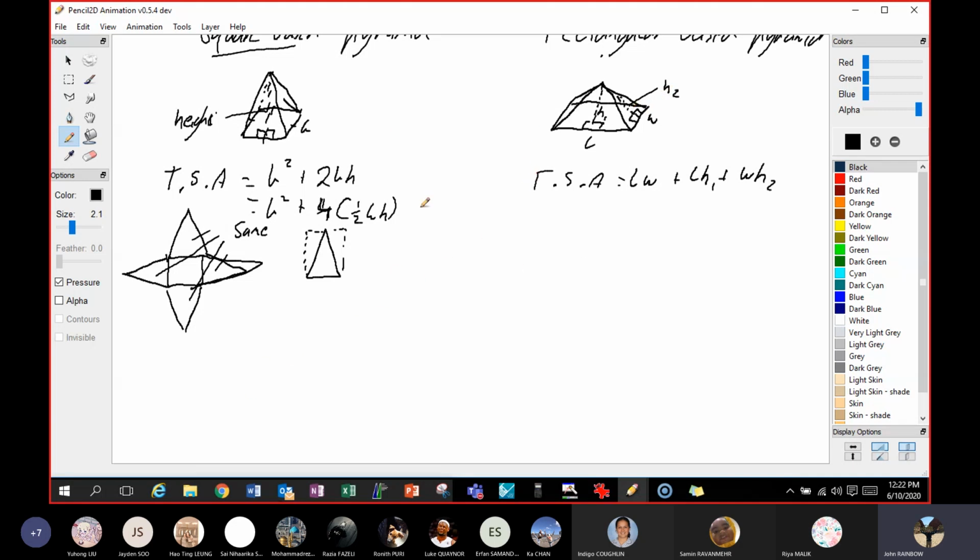One other shape I'm going to quickly go through, then I'm going to come back to this one, is a triangular prism. So when we use the word prism, we call it prism because it has the same cross section. So this is a triangle. And this triangle goes all the way through, like this section. Can you see there's still a triangle here and it's exactly the same shape?